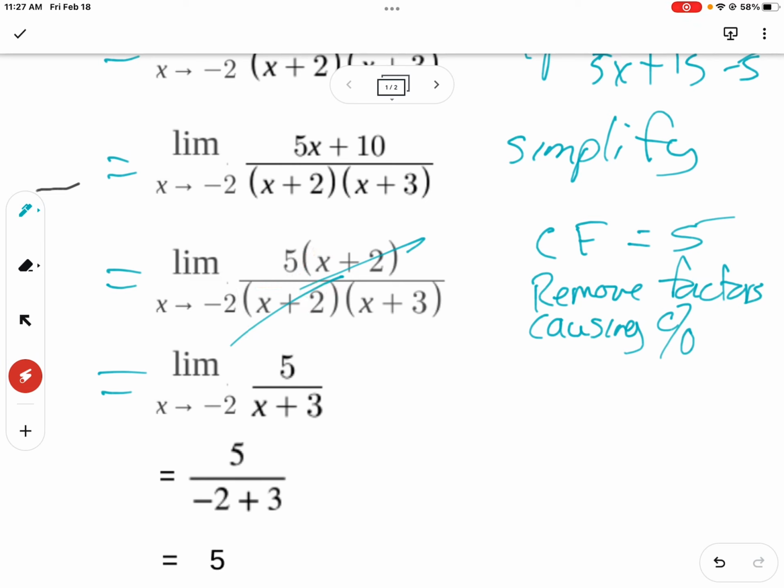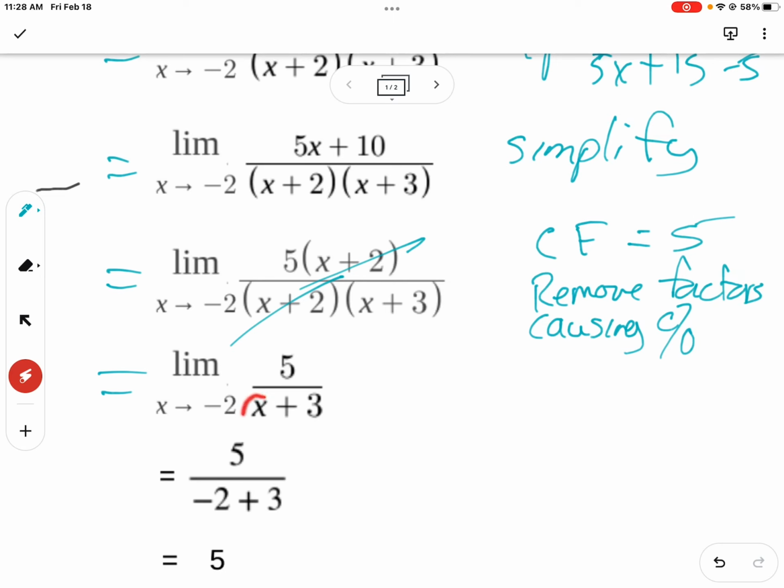So now I can lift the limit. I don't need to limit myself to getting close to negative 2. I can actually go right to negative 2 now, because I have removed the 0 over 0, and I can remove the limit.